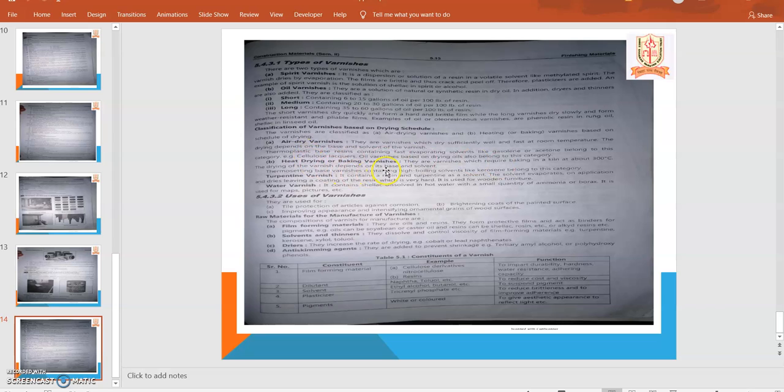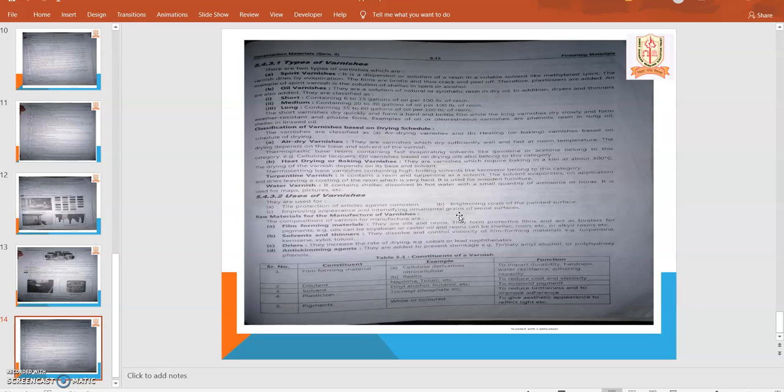Then heat drying or baking varnishes. They are varnishes which require baking in a kiln at about 300 degrees Celsius. The drying depends on its base and the solvent. Thermosetting base varnishes containing high boiling solvents like kerosene belong to this category. Then turpentine varnishes. They contain resins and turpentine as a solvent.